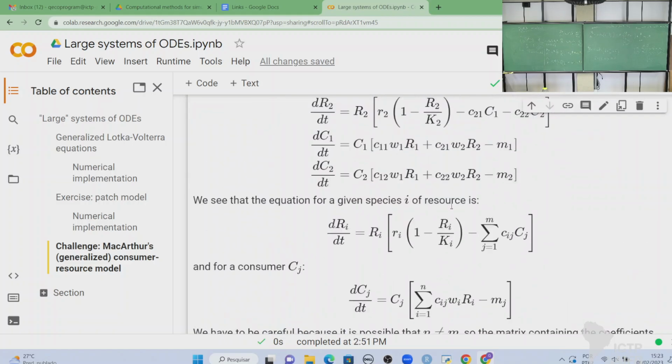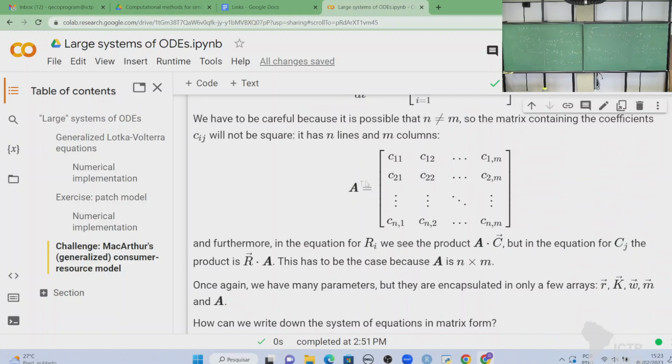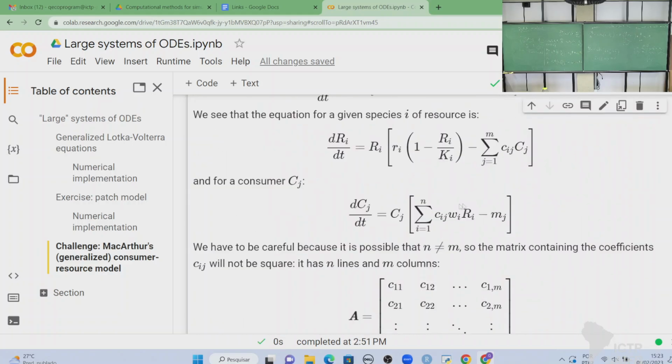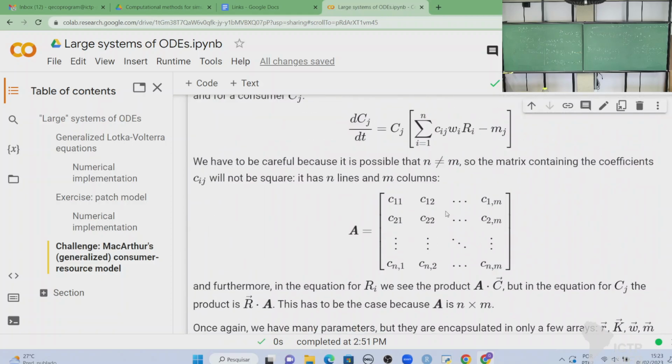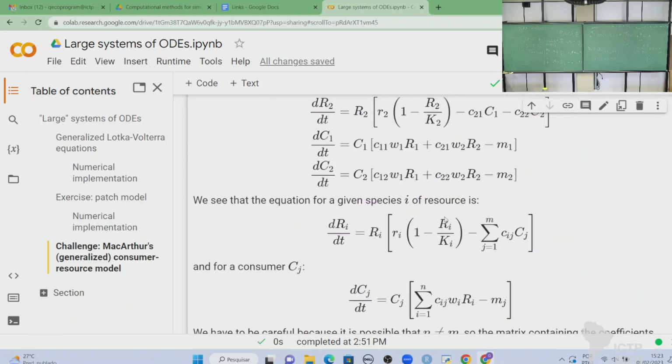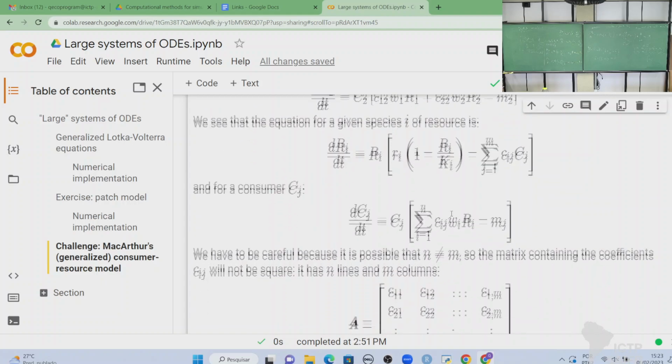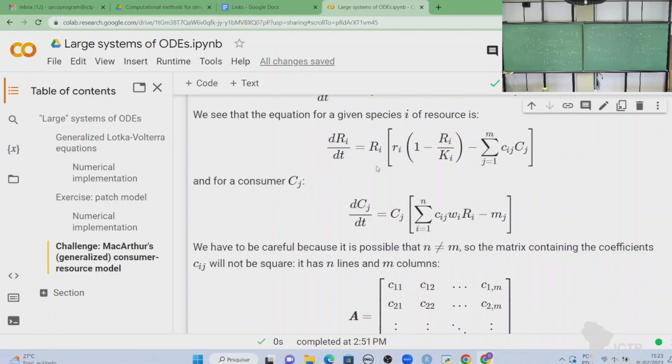And then you have a large system of equations, and a matrix that has the consumption rates, right? But now it's a little bit different than before, because this is no longer a square matrix, right? I can have a different number of resources and a different number of consumers.